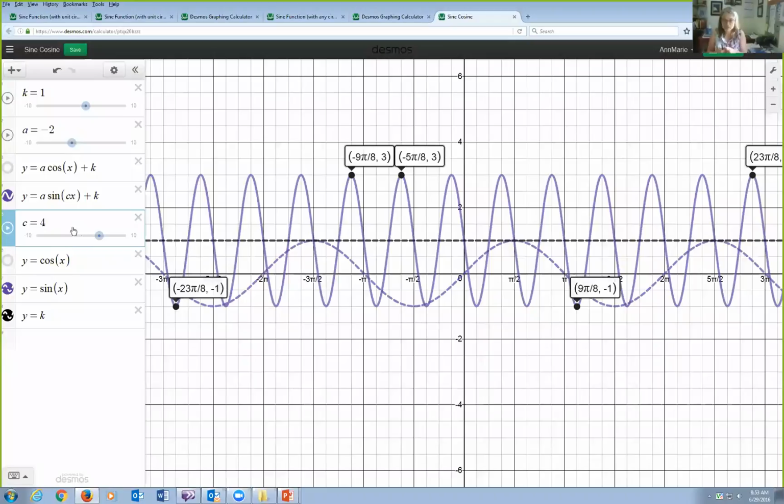So my period will be 2 pi divided by my internal multiplier. We can think of sine and cosine as graphs of the position of a point going around a circle in relation to time, and then we can relate the period to how fast the point goes around the circle.